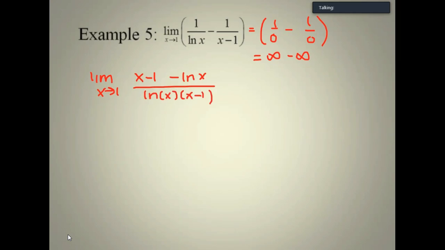So you're just going to cross multiply the x minus 1 and the natural logs. And when you get a common denominator, you get 0 over 0. And creating a common denominator, I get a fraction.